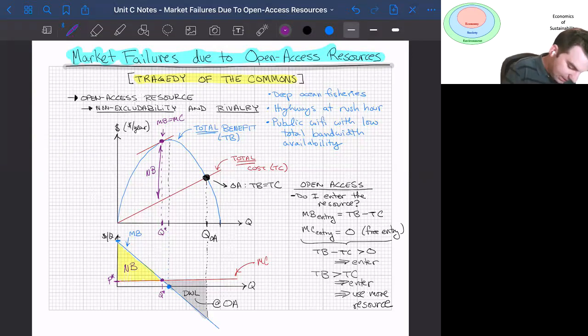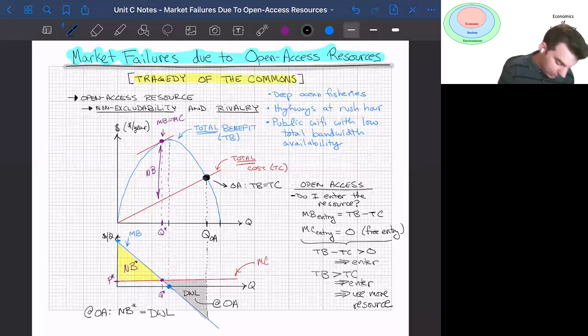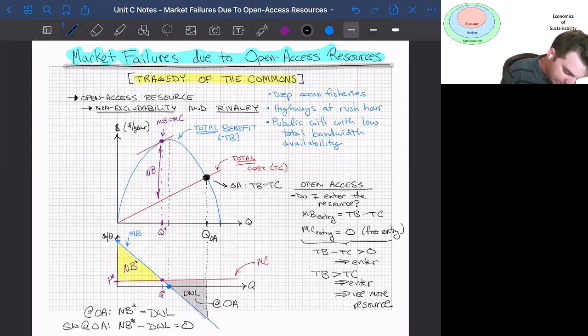And at the open access condition, the net benefit at the efficient condition, maybe I'll do net benefit star, is equal to the deadweight loss. But remember that the social welfare at the open access condition is going to just be equal to the net benefit, the yellow area, minus the deadweight loss, which is equal to 0.